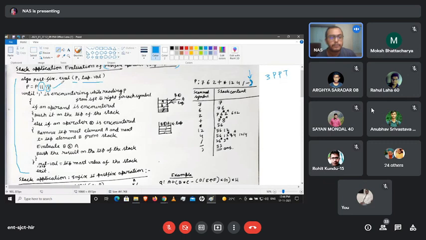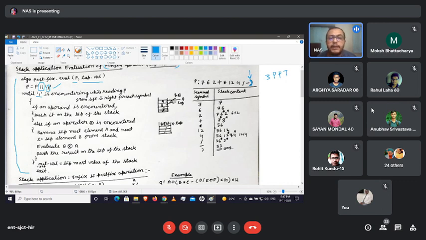See, until this closing bracket is encountered, we read each symbol from left to right. Until we encounter it, we read every sign and symbol and perform our operation.